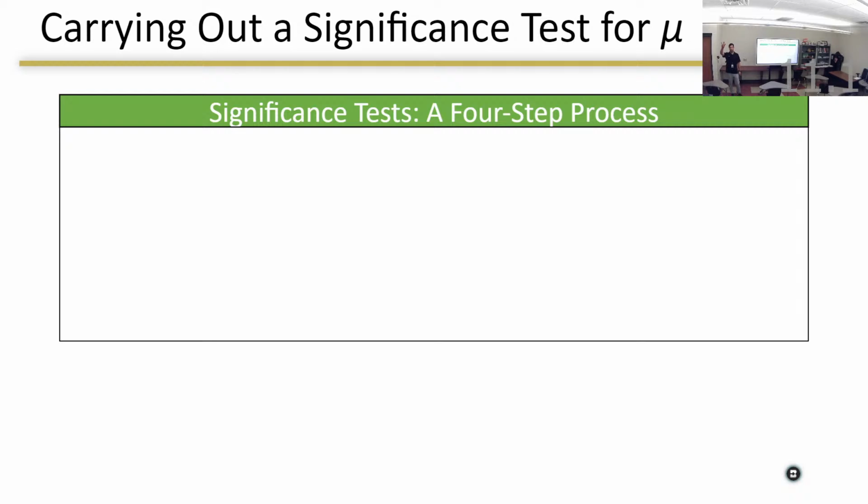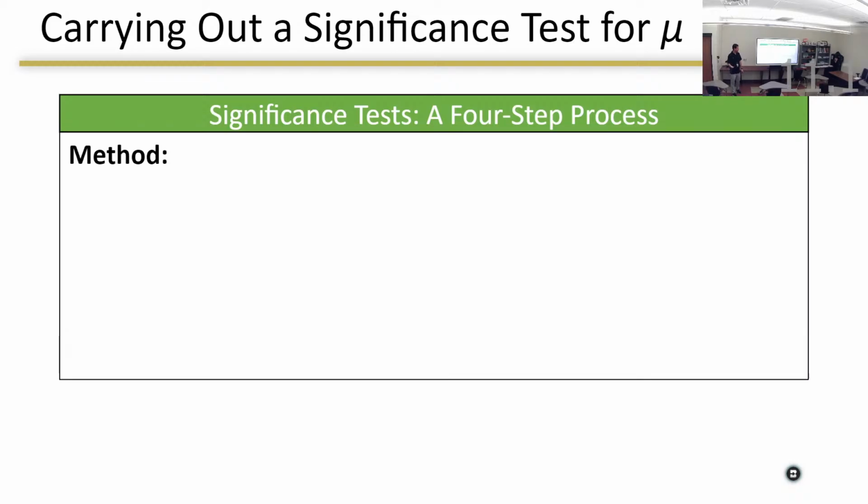You still have a 4-step process, guys. Method, calculations, conditions, conclusions. If you make that big plus sign, most students do it okay because they list everything they need most of the time. They may forget a little something here or there.